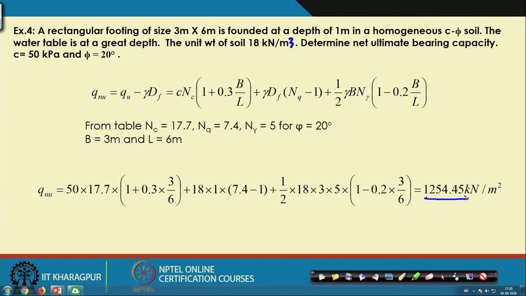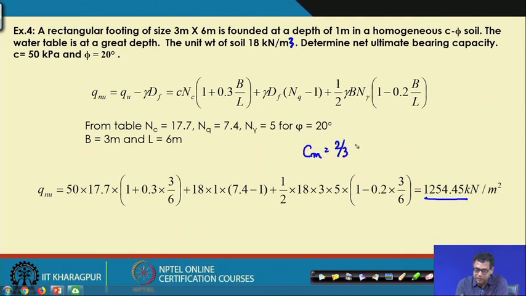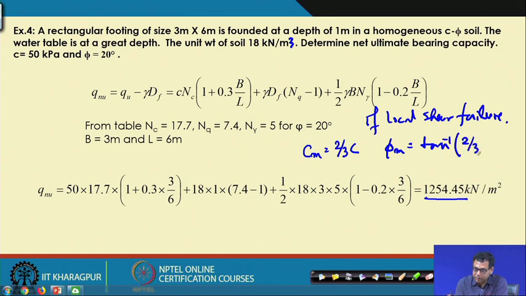And remember that if it is mentioned that there will be a local shear failure, then you have to use Cm, that is 2/3 of C, if local shear failure, and your phi m will be tan inverse 2/3 of tan 20 here, because your phi value is 20.